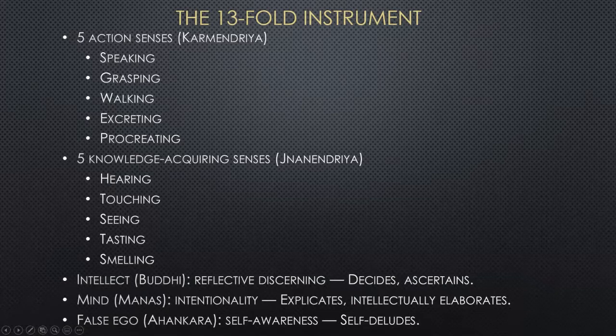Here in the West, we just say, oh, the mind. But in Sankhya philosophy, they divide it into 3: the buddhi, manas, and ahankara. The buddhi is what we could call the intellect. Manas is the mind, and ahankara is the false ego. Again, here in the West, you just put all of them together and say, oh, this is all just the mind.